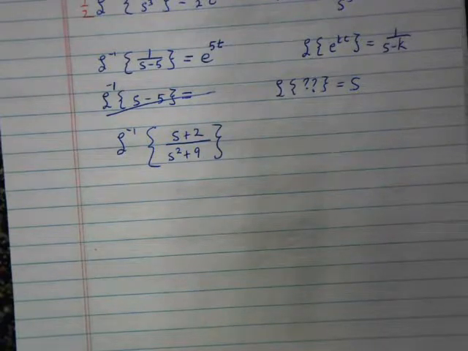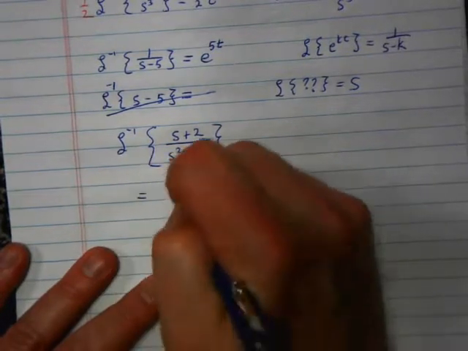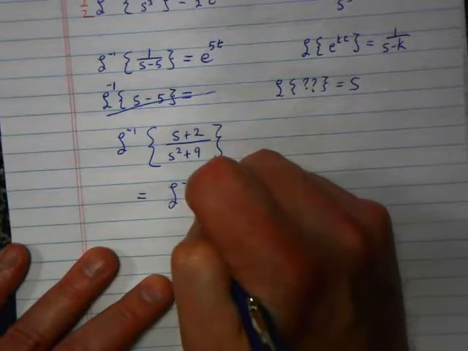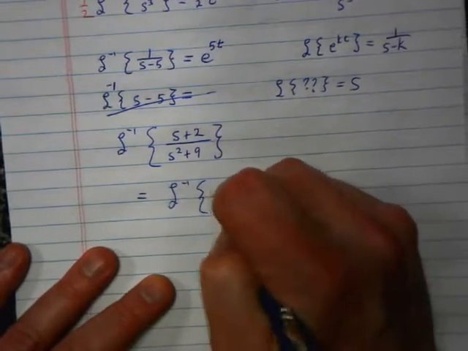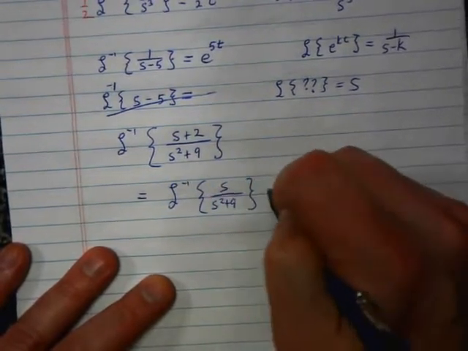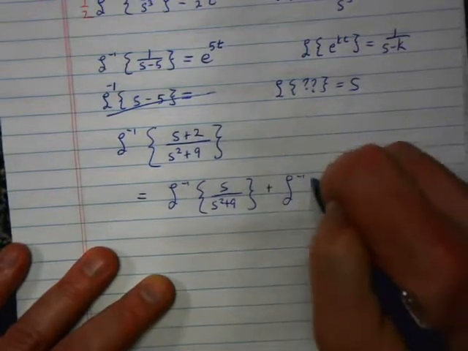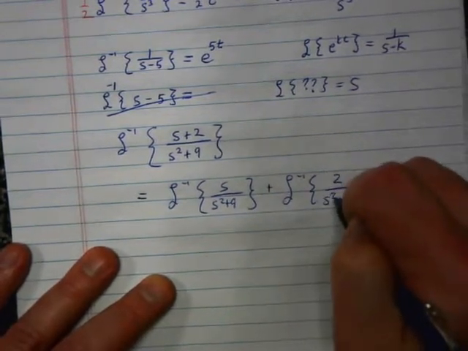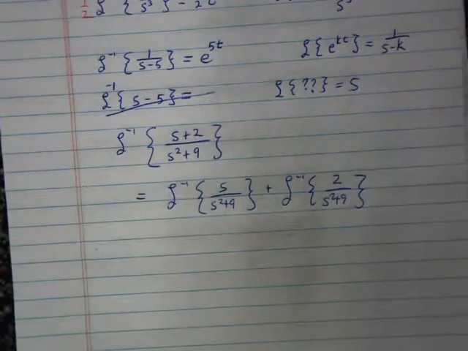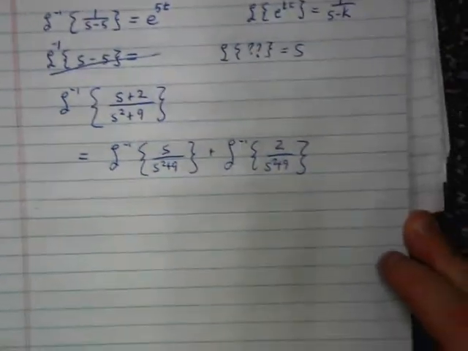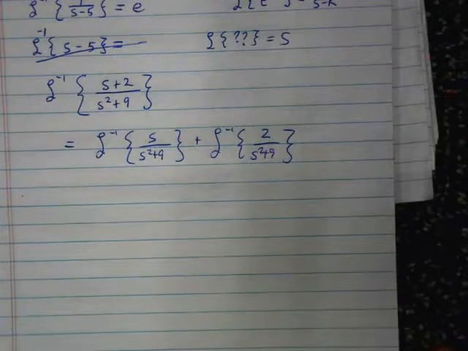Well, I'm going to split my fraction on my numerator. I'm going to write it as the inverse Laplace transform of s over s squared plus 9 plus the inverse Laplace transform of 2 over s squared plus 9.